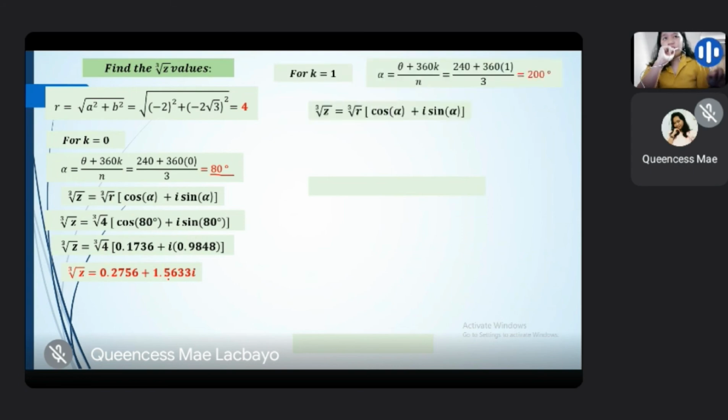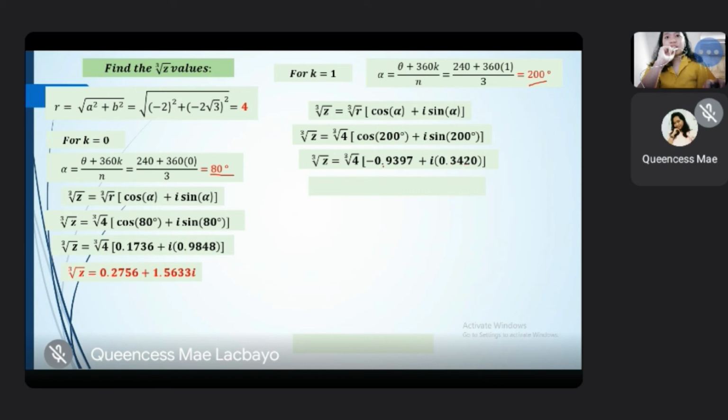Next is for k equals 1. The alpha is 200 degrees. The formula is cube root of z equals cube root of r times cos alpha plus i sine alpha. Substitute r, which is 4: cube root of 4 cosine 200 plus i sine 200. Cosine 200 is negative 0.9397 and sine 200 is negative 0.3420. Multiplying the cube root of 4 by negative 0.9397 gives negative 1.4917.